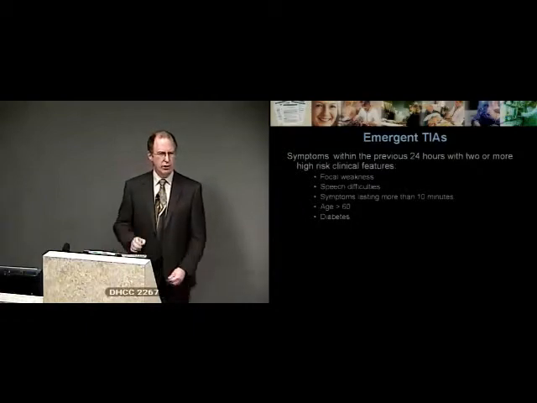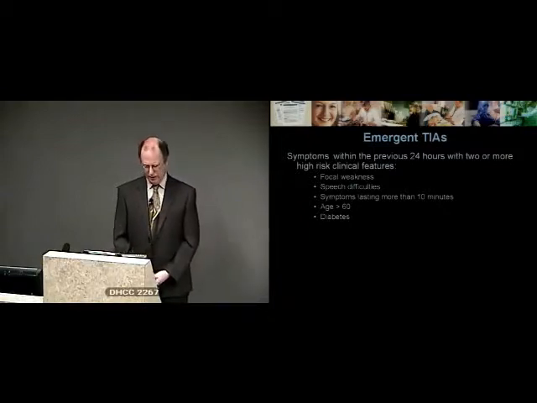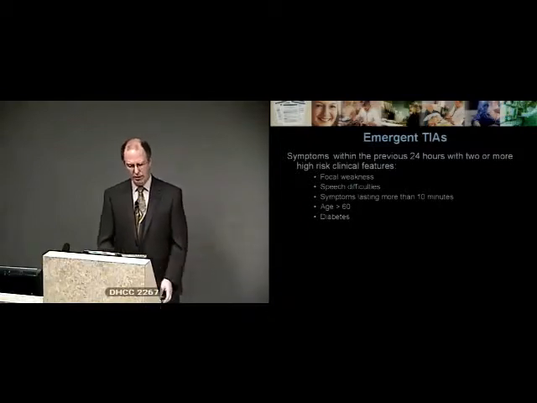In those emergent TIAs, patients present within 24 hours of the onset, and they have 2 or more high-risk clinical features of focal weakness, speech difficulties, symptoms lasting more than 10 minutes, and possibility of age greater than 60 or diabetes.